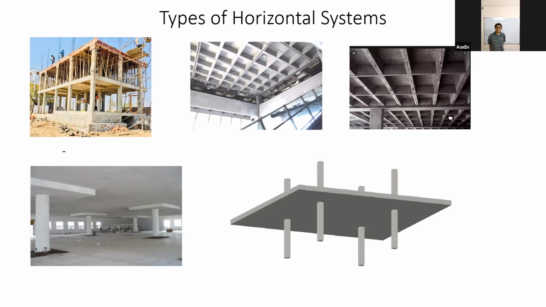Because there are no beams, the load directly from slab is going to get transferred to columns. So you have one redundancy less. In the normal slabs, you had the redundancy of beams, which is absent in the case of flat slabs. So the load transfer is directly from slab to column.